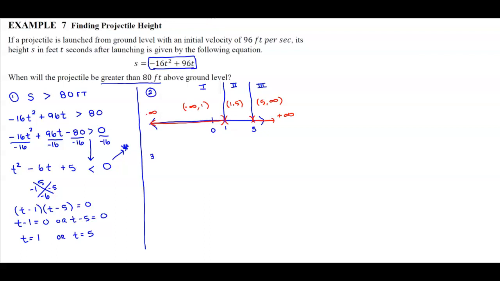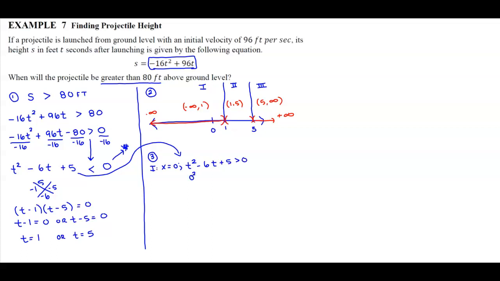So let's go to step number 3. We're going to find a testing point. For region number 1, we can pick 0. Again, we're going to use the easiest form of the inequality, t squared minus 6t plus 5, and that should be a less than symbol.